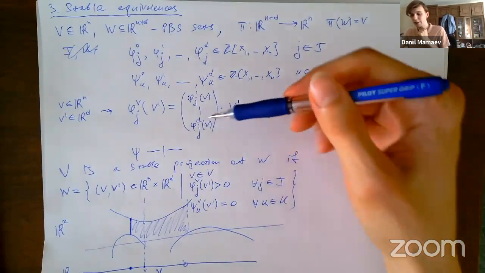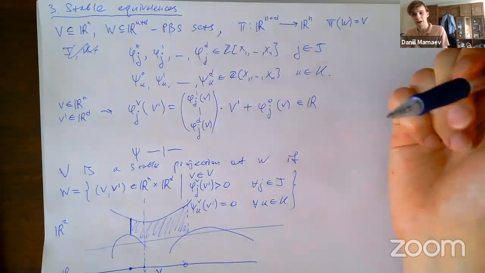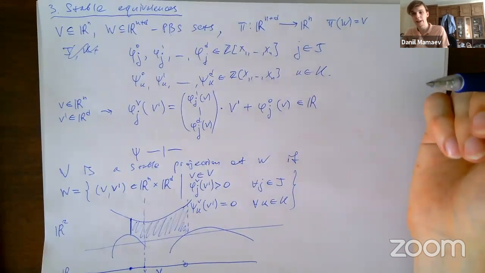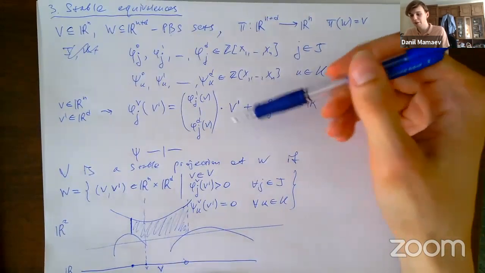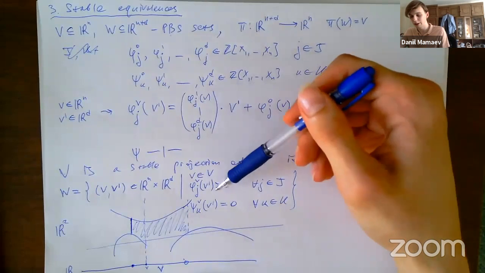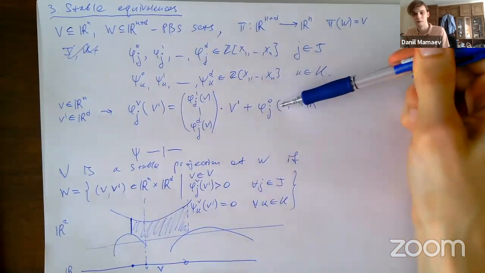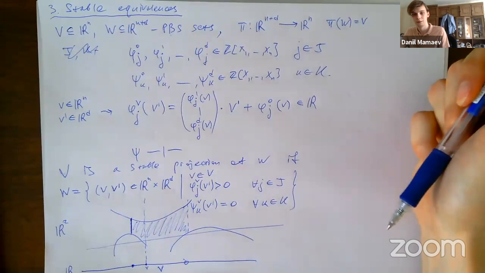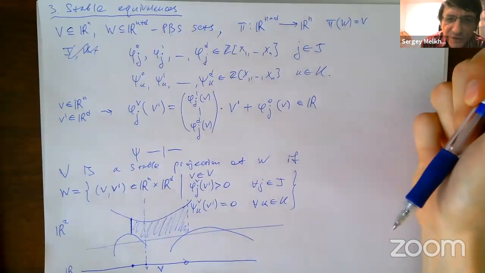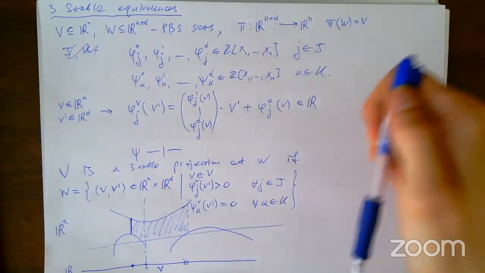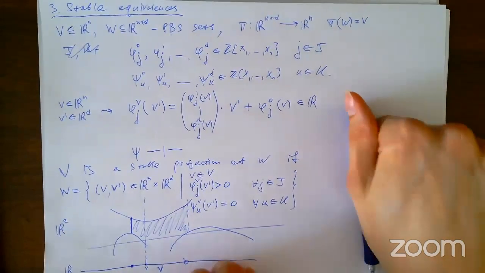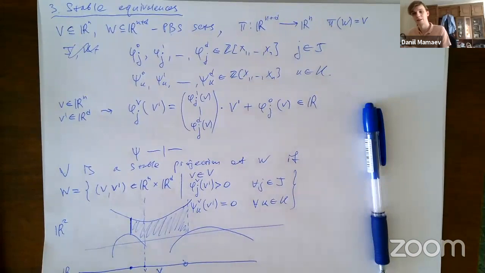The polynomial dependence is on the point in the base, but in each fiber, the defining equalities and inequalities are affine. But these functions phi are not linear; they are polynomials.